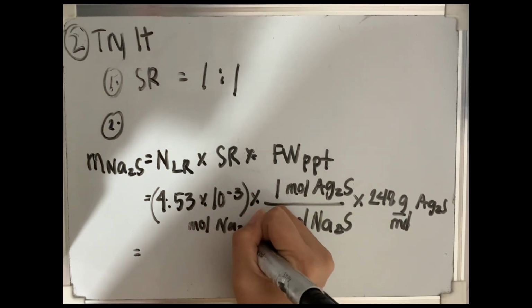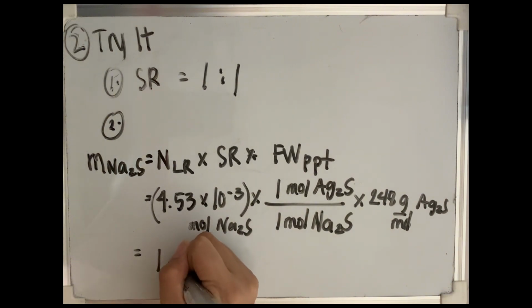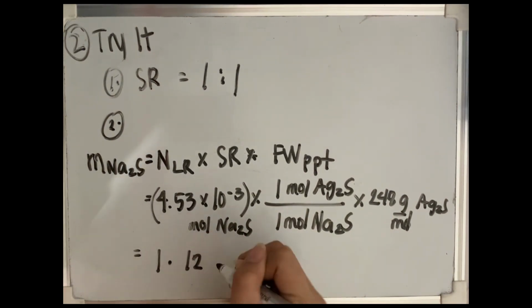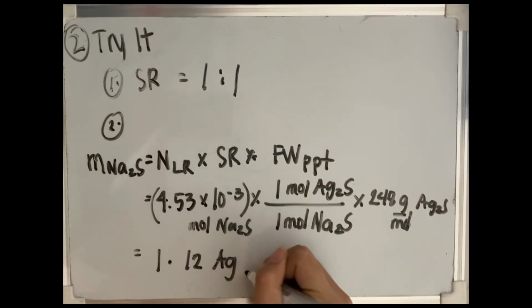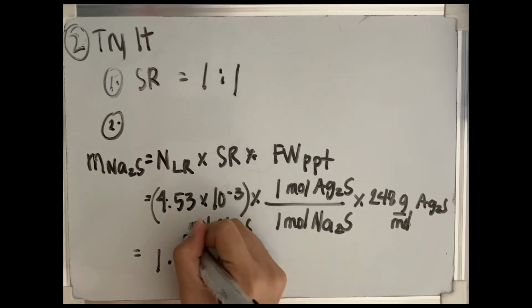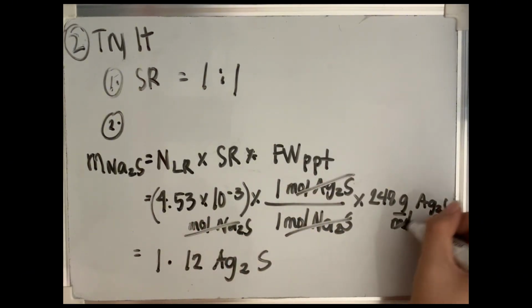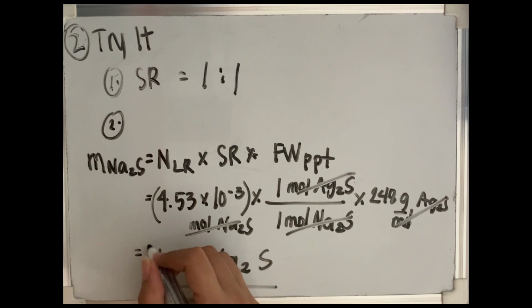So the final answer for this equation would be 1.12 grams of Ag2S. So makuha na na siya by crashing out lang na siya sa mga similar terms.